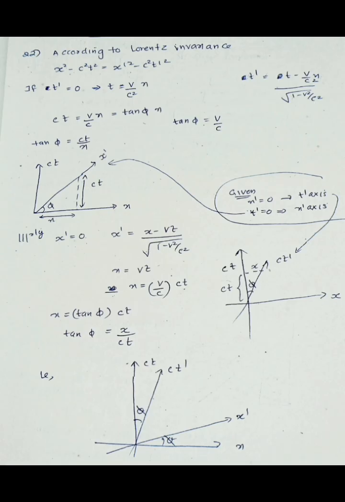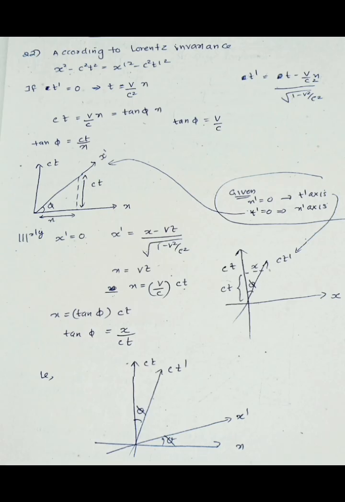So if we check the graph, if we consider this type of graph, that is x is moved by making an angle phi by covering a distance ct. In this graph, we get the value tan phi is equal to ct by x. So this satisfies our condition, equation number 1.